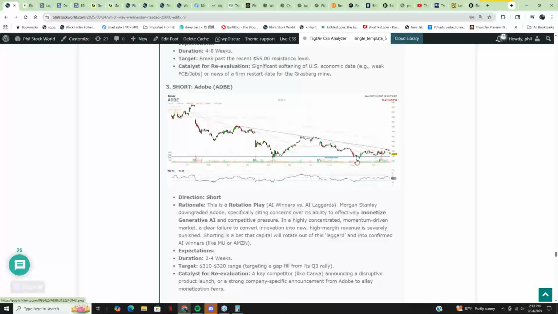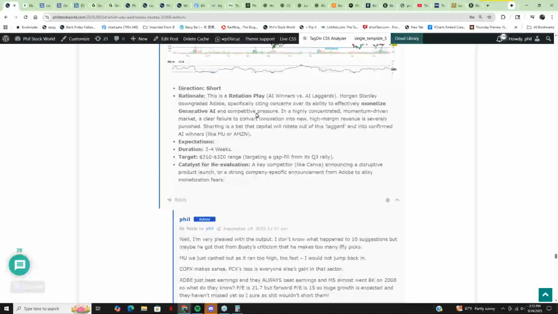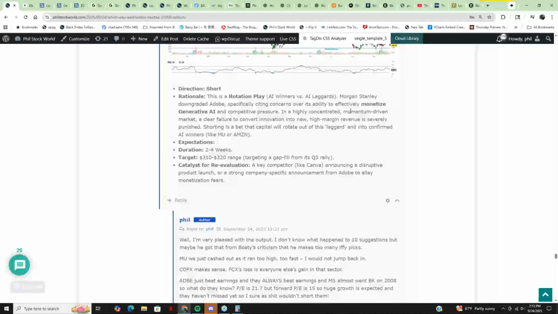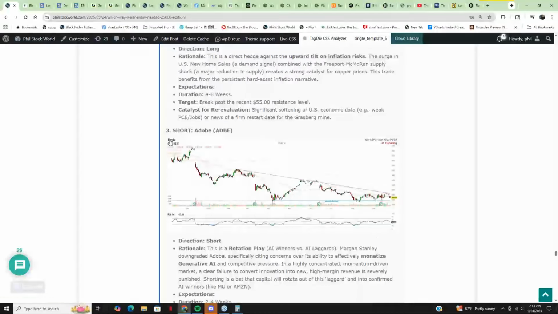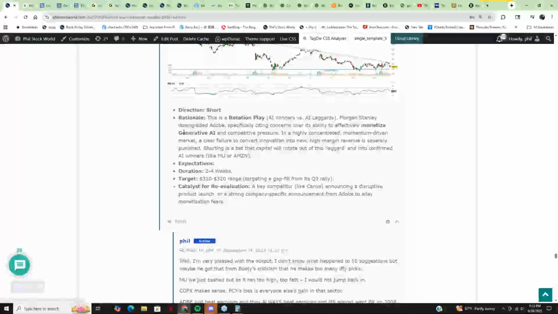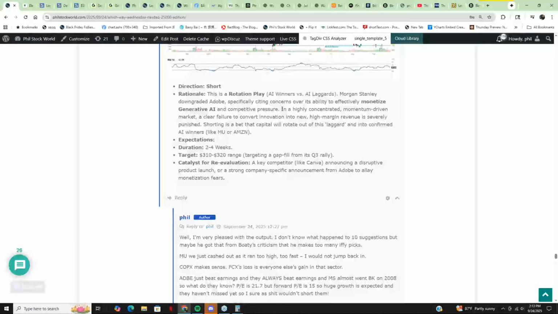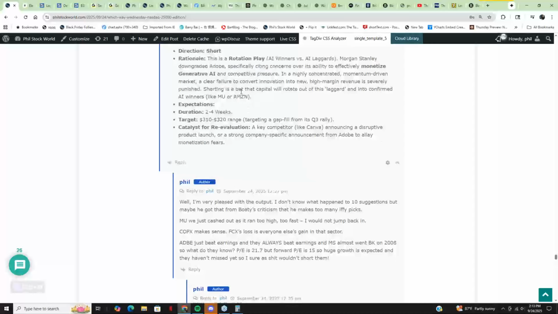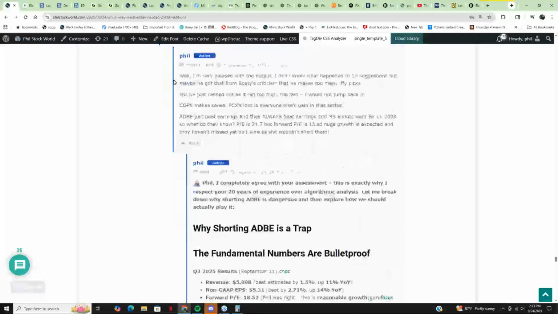Adobe has been lagging and is coming down, and the Morgan Stanley guy just said to sell them, so they're selling off now, and we're getting good prices. Gemini is taking the Morgan Stanley guy's word for it and saying monetize competitive pressure, highly concentrated, blah, blah, blah. And he's looking for a short. And I'm like, I don't think about it.